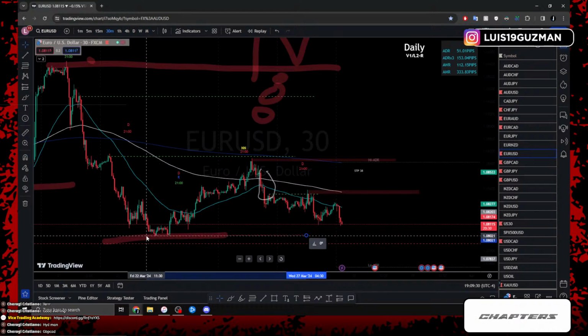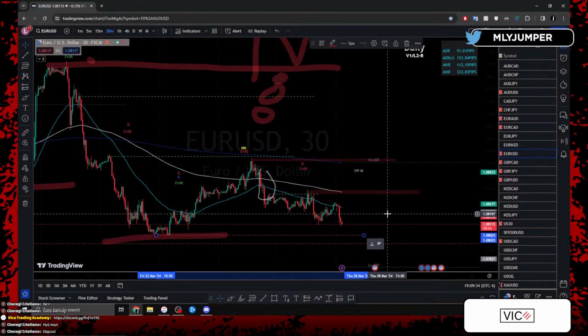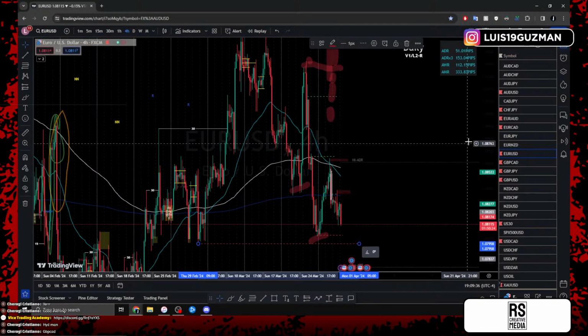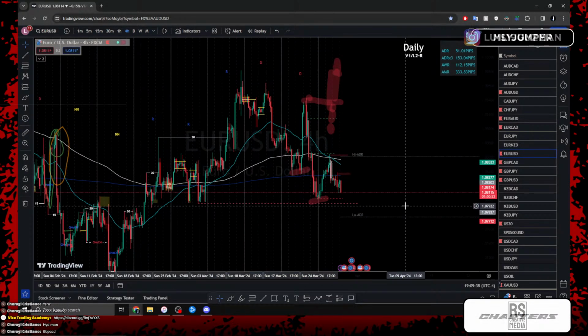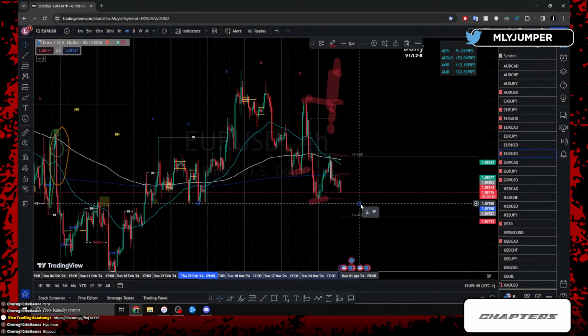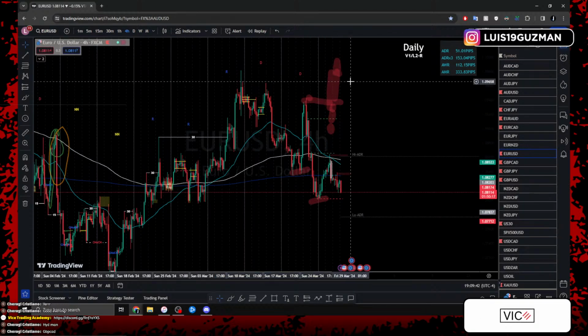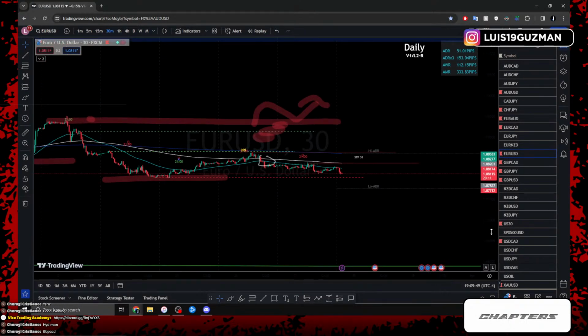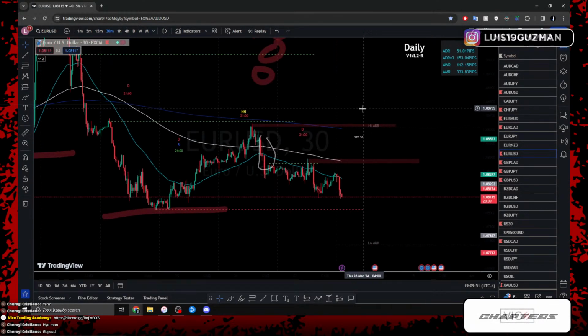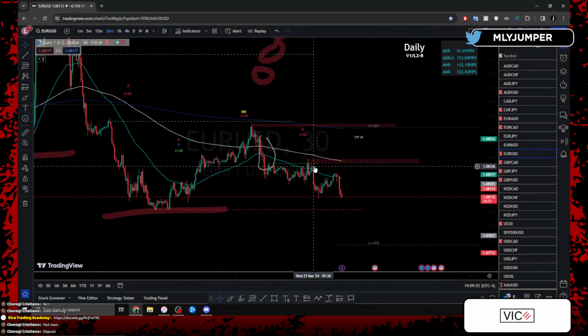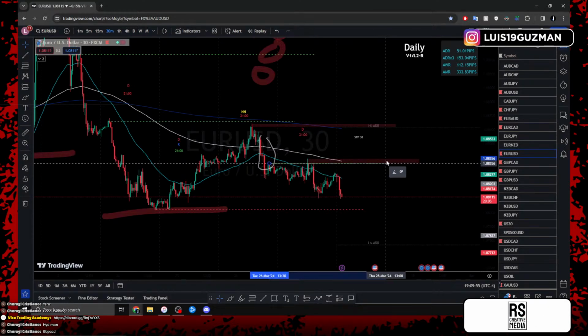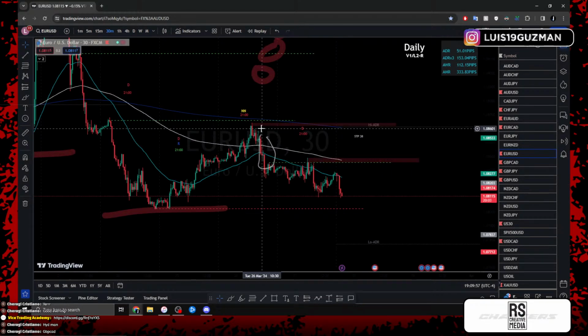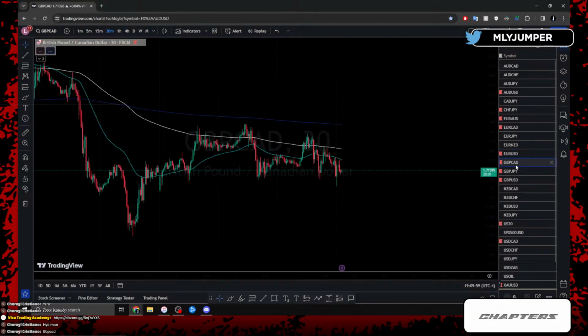We have this low here. And the high stays the same. So we'll see what price wants to do here.